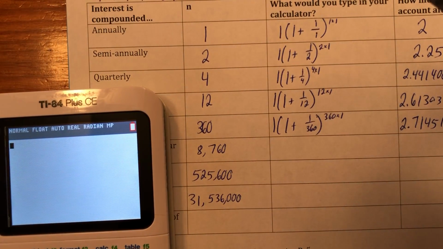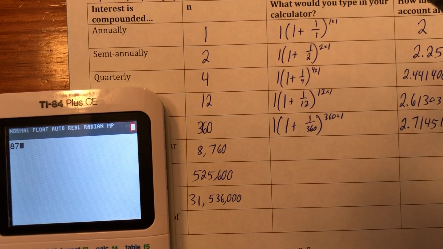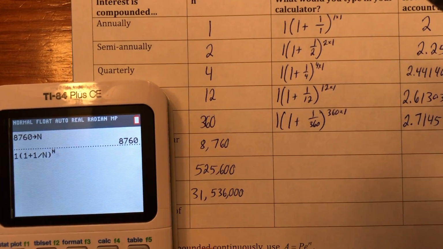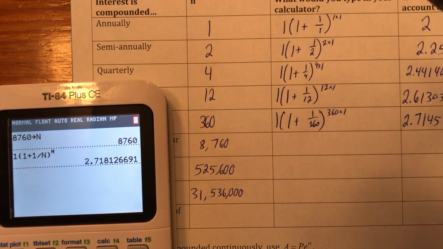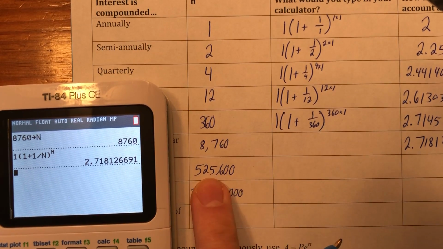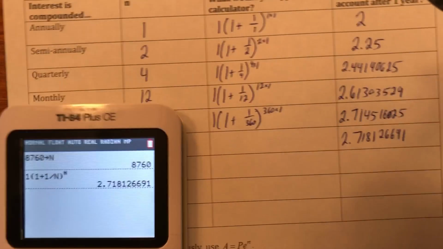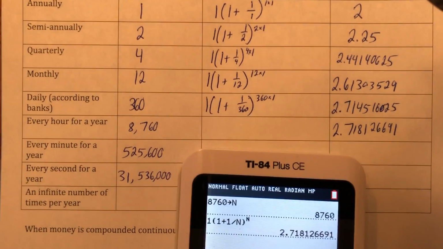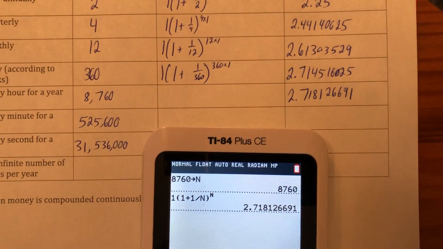So every hour for a year, that's 8760. I'm going to store that as N. And then let's go back up and pull up that last thing we typed that had this in it. And I'll get 2.7181266691. All right, now we're going to store that as N. Let me put the calculator somewhere where it's not in the way and there's not a glare.